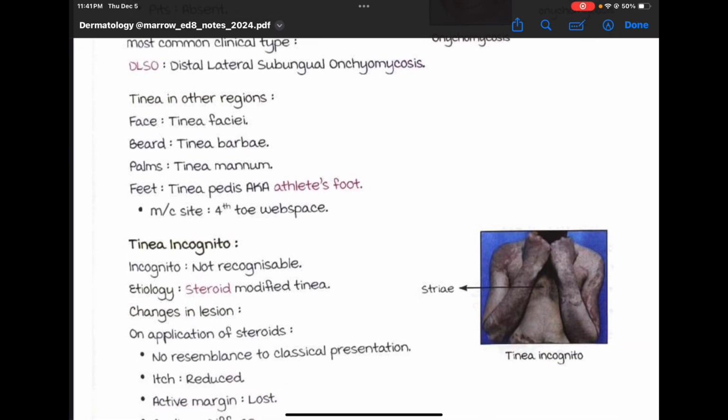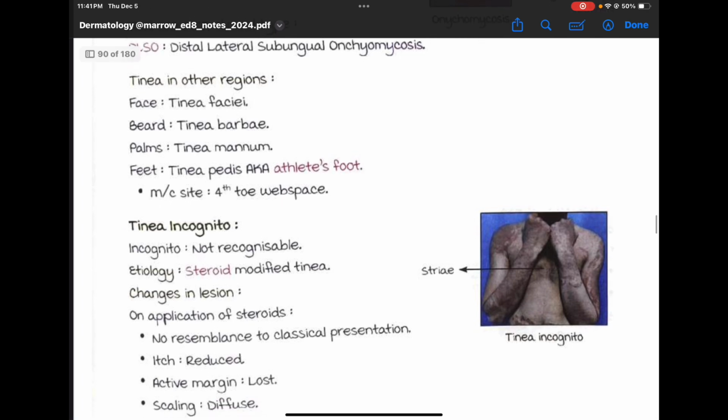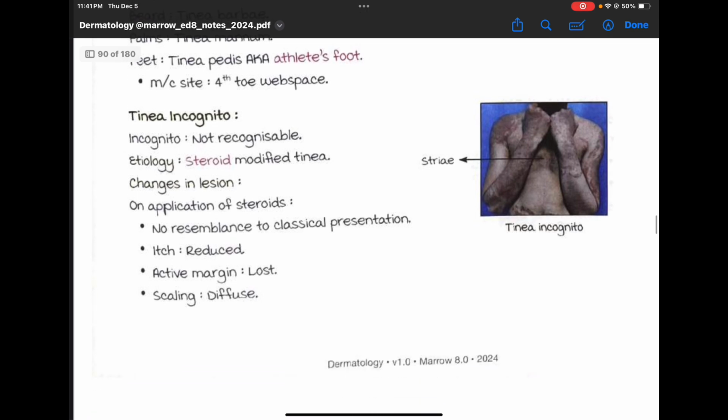Tinea in other regions: face, tinea faciei; beard, tinea barbae; palms, tinea manuum; feet, tinea pedis, also known as athlete's foot. Most common site is the fourth toe web space.